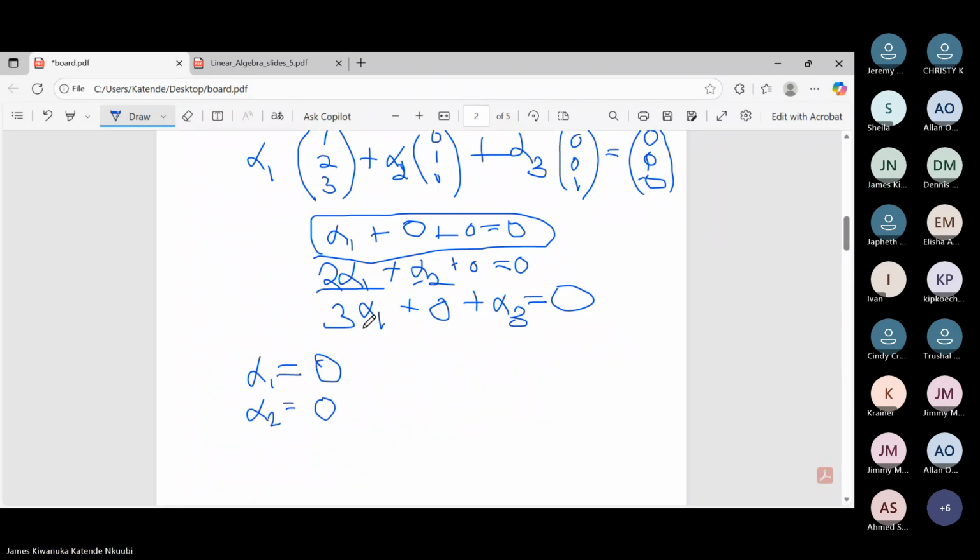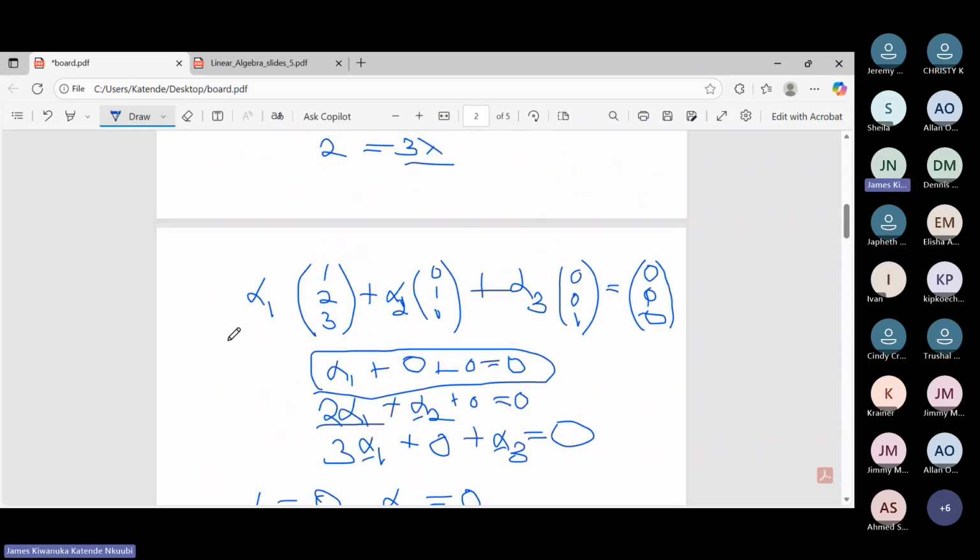Similarly, we already know alpha 1 from the first equation. We substitute 0 here, and that means that alpha 3 must also be 0. So the only solution we can find is that alpha 1, alpha 2, and alpha 3 must all be 0 for this equation to be satisfied.